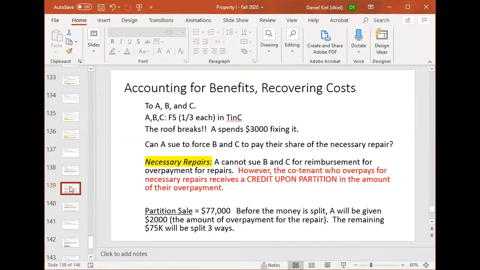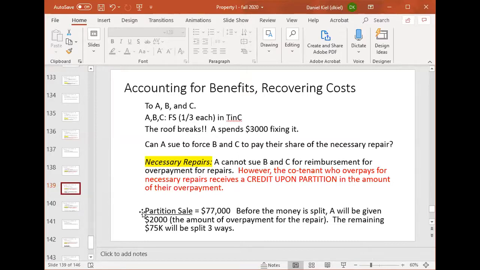Does that make better sense, Austin? If they spent 3,000, yeah, I think this was better. So if it was 3,000, they would get 2,000 back. Correct. And if it's 2,000, they would get 2/3 of 2,000 back, whatever that is.